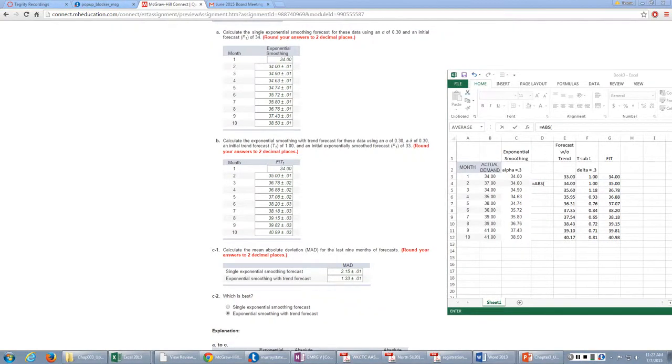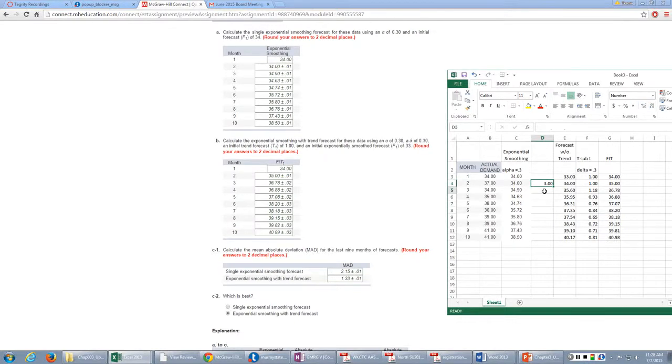Actual demand for time period 2 was 37, and our forecast was 34, and we just need the absolute value of that difference. Let's go ahead and show that as 2 decimal places.